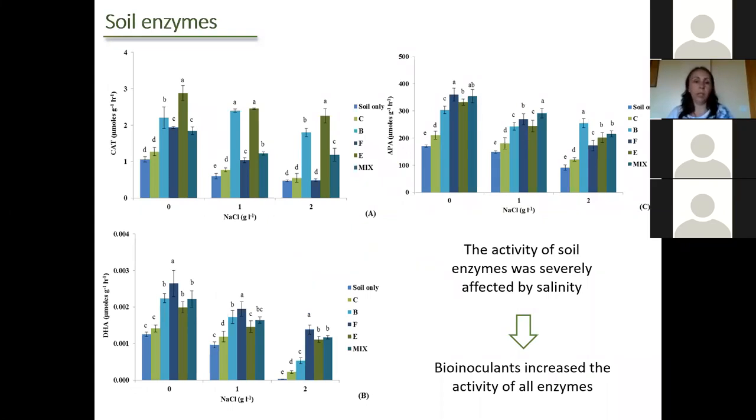As you can see here in these graphics, the activity of these enzymes was severely affected by salinity. However, the bioinoculants increased the activity of all enzymes. In some cases, they increased activity to values even higher than those found in soils without any kind of salinization. So this was a good result.